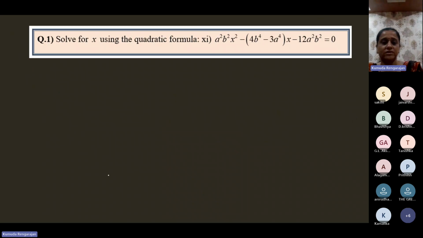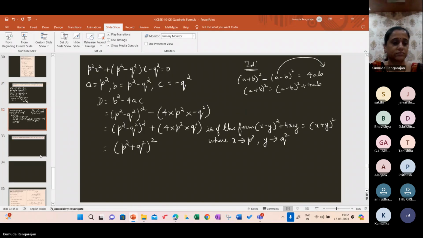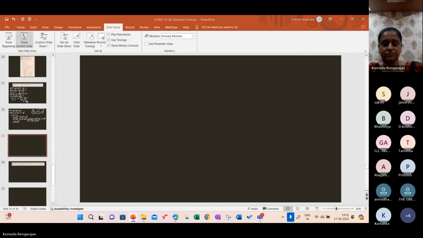All right, now let's find the values of X. X is equal to minus B plus or minus root D by 2A.